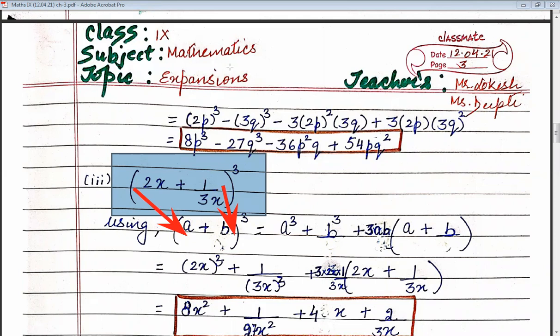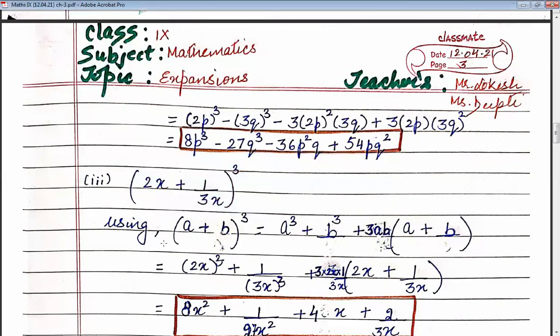Your formula is a cube plus b cube plus 3 times ab into (a plus b). Now children, I told you you can use any of the two methods. So here I am using a cube plus b cube plus 3ab times (a plus b). Your next step is to substitute the values.